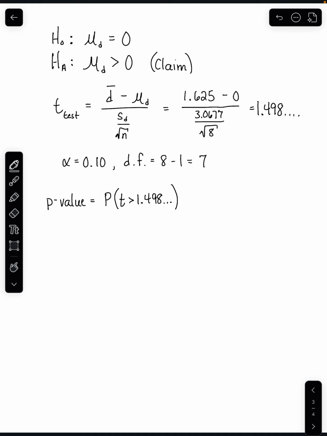This being a right tail test, we don't have to double the p-value. We can just take this probability straight out. And again, from our calculator, with a degrees of freedom of 7, we get a p-value of 0.0888, etc.